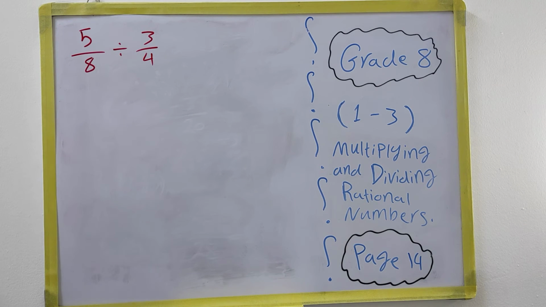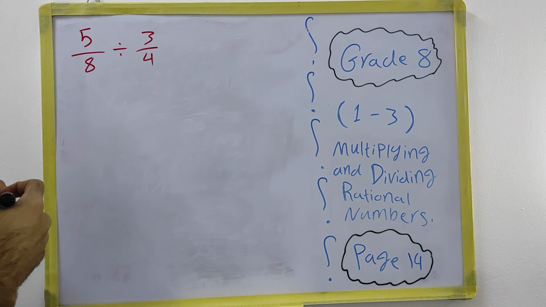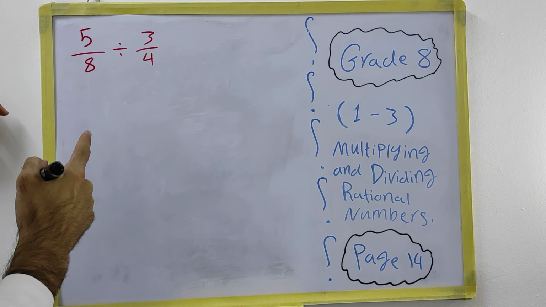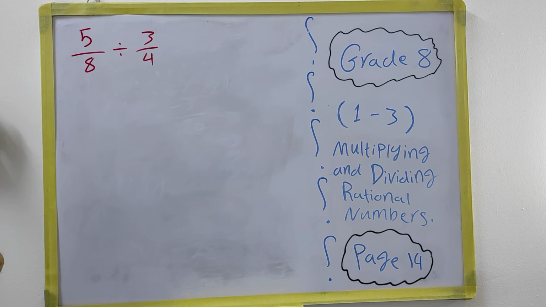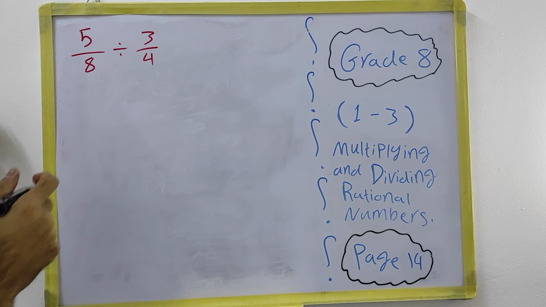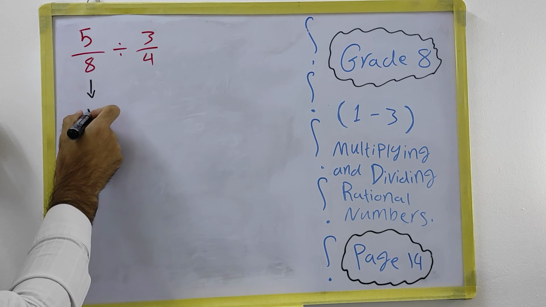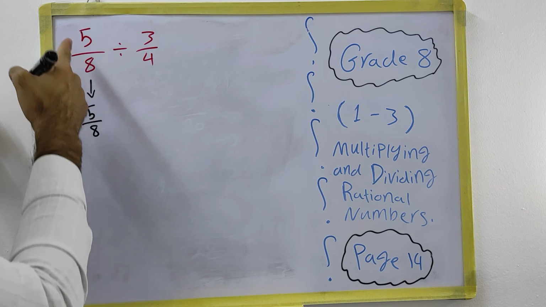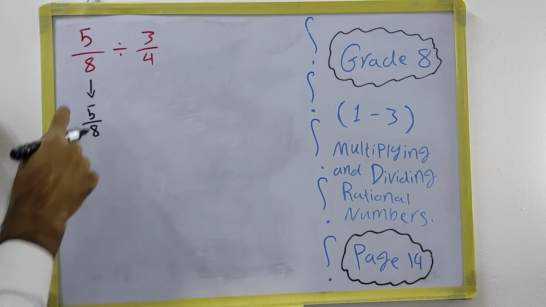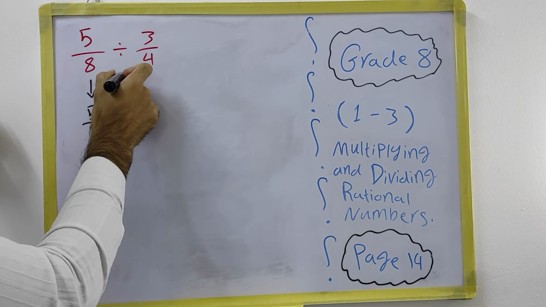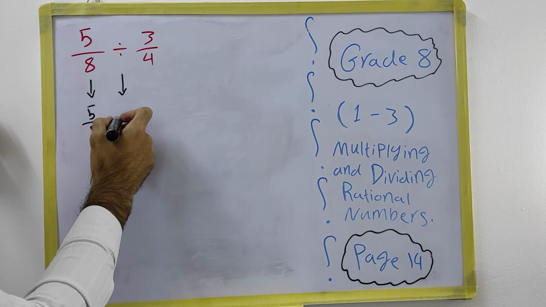In the division, now we know about multiply. If you know about multiply, always divide, we will change to multiply. How do we do? Always the first fraction you write as itself. Change to multiply.